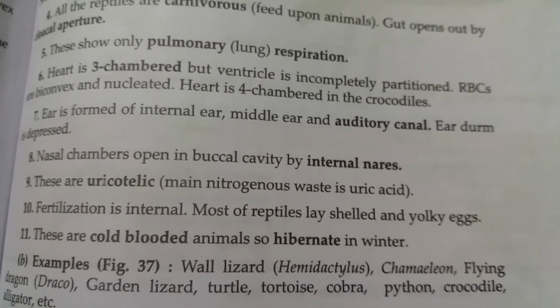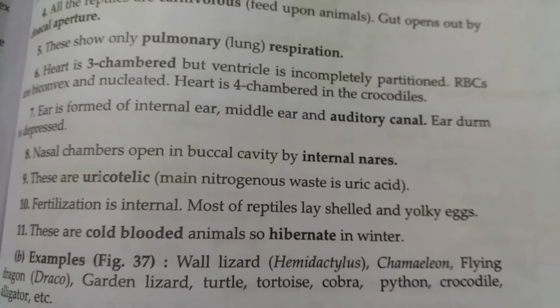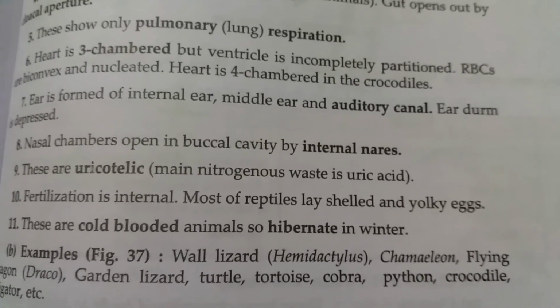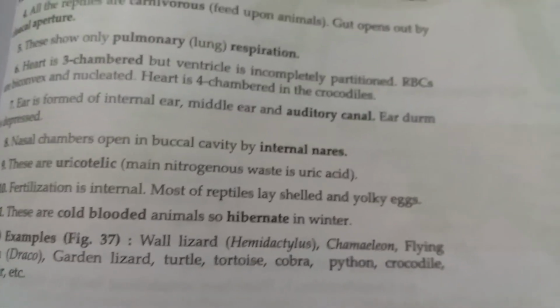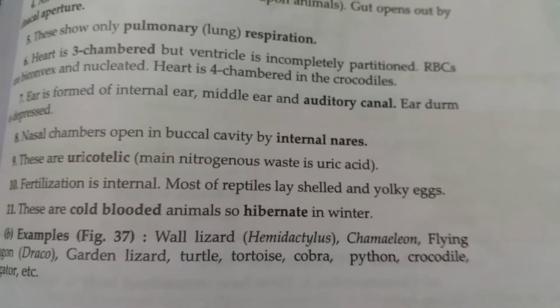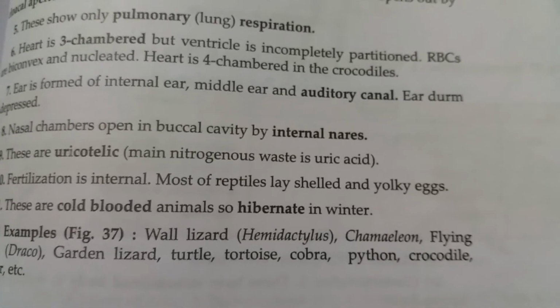Nasal chambers open in buccal cavity by internal nares. These are uricotelic, means its nitrogenous waste or excretion is uric acid, and the fertilization is internal, means fertilization occurs internally inside the body.